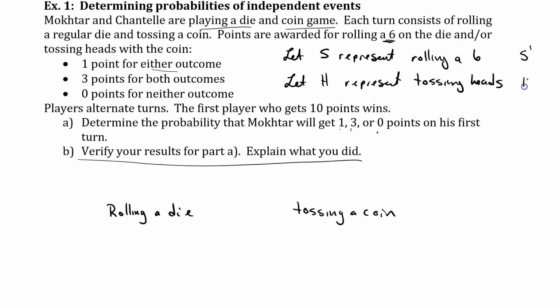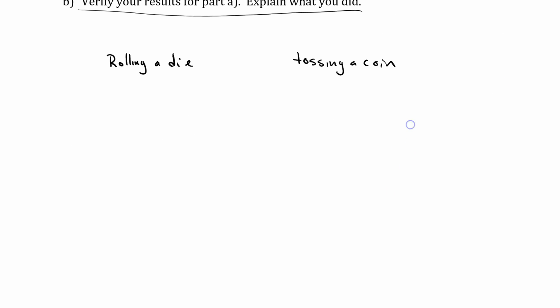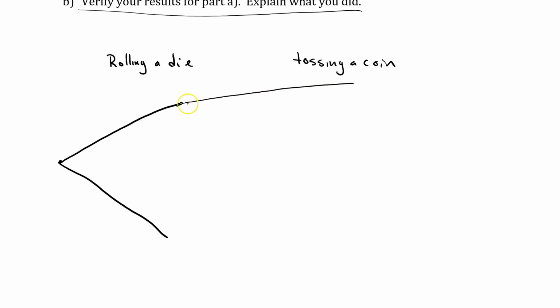And if I say H prime, or the complement of H, we're saying that we're tossing tails. This notation is still going to be important. So either you're going to roll a 6 or you're not. And either you're going to toss a head or you're not.